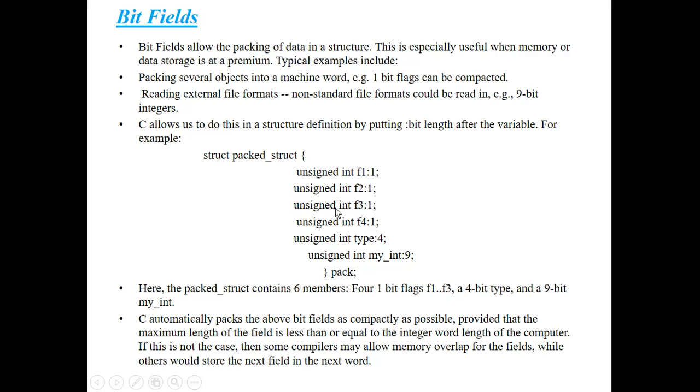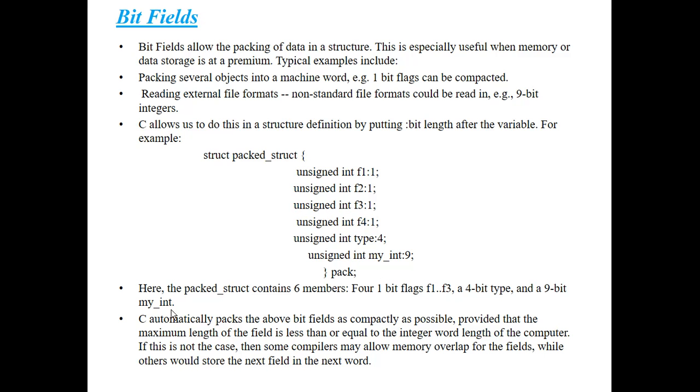This packed structure has six data items: first, four 1-bit flags, F1, F2, F3, F4. Next is a 4-bit integer type flag, and then a 9-bit integer type non-standard file format field.